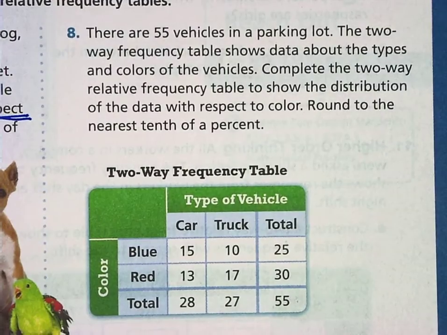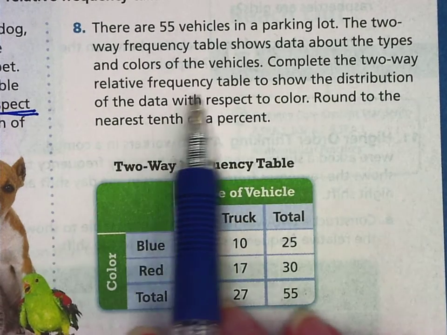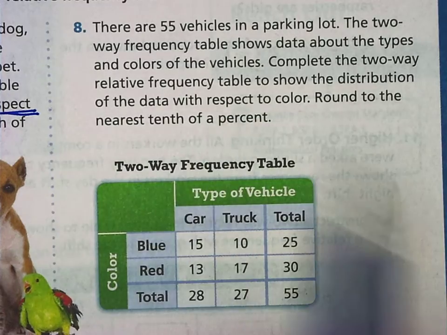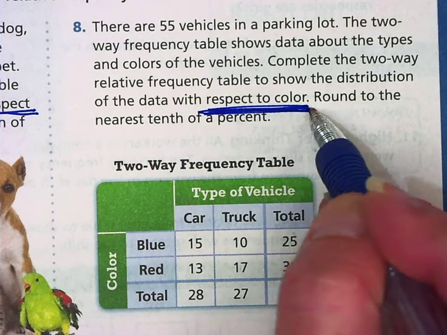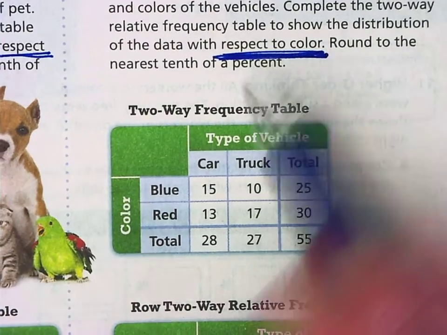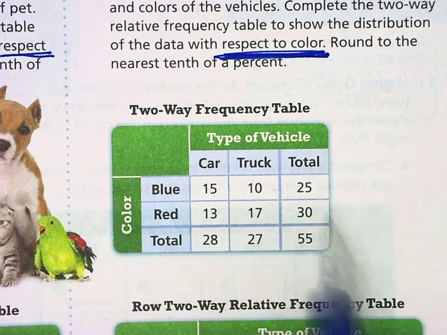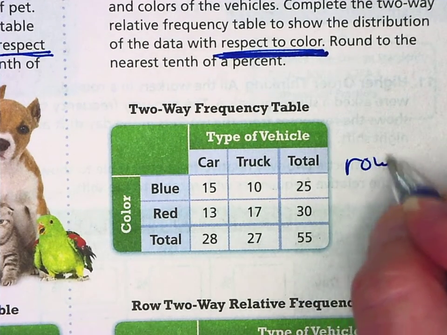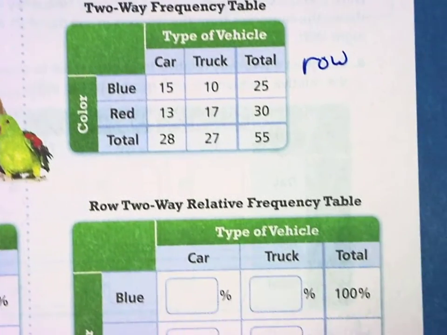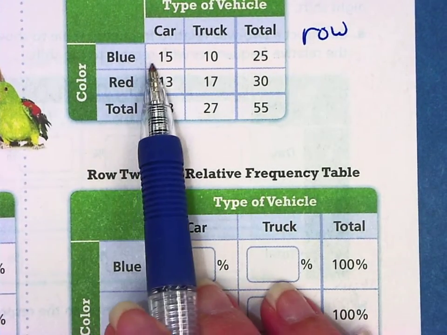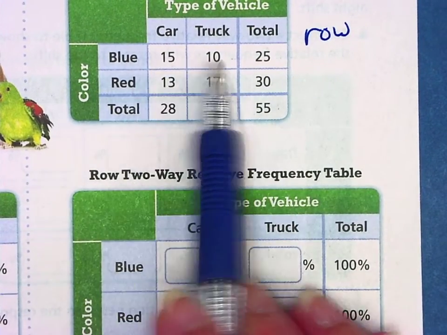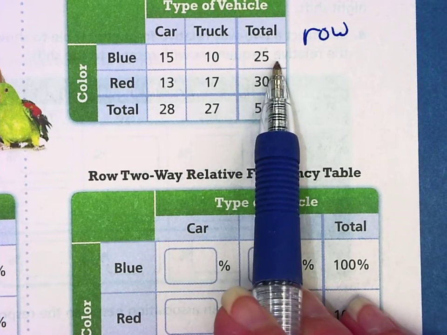Okay, so let's take a look at this one. This is slightly different. This says complete the two-way relative frequency table to show the distribution of the data with respect to color, by color. So now if you take a look at this frequency table, color is in rows. So we're going to look at this by row. We're going to take each number in each row, so 15 and 10, and divide by that row's total.